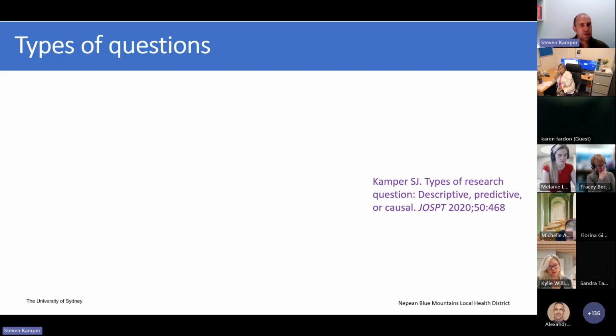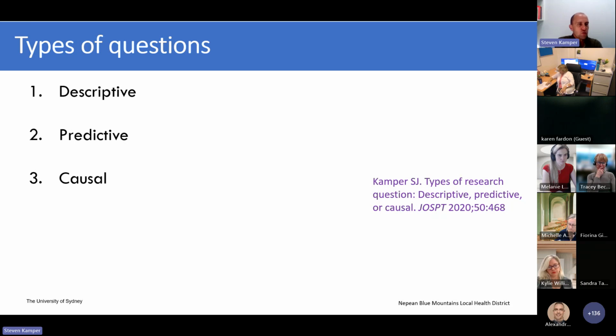All right, so there are various types of questions which might be interesting for people who are in clinical practice. And the nice thing is that they all fit into one and only one of these three categories. So we have descriptive questions, predictive questions, and causal questions.